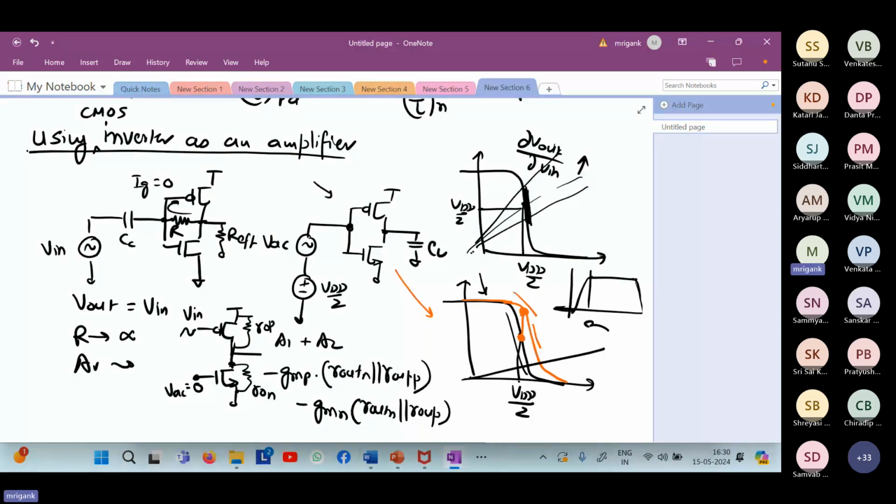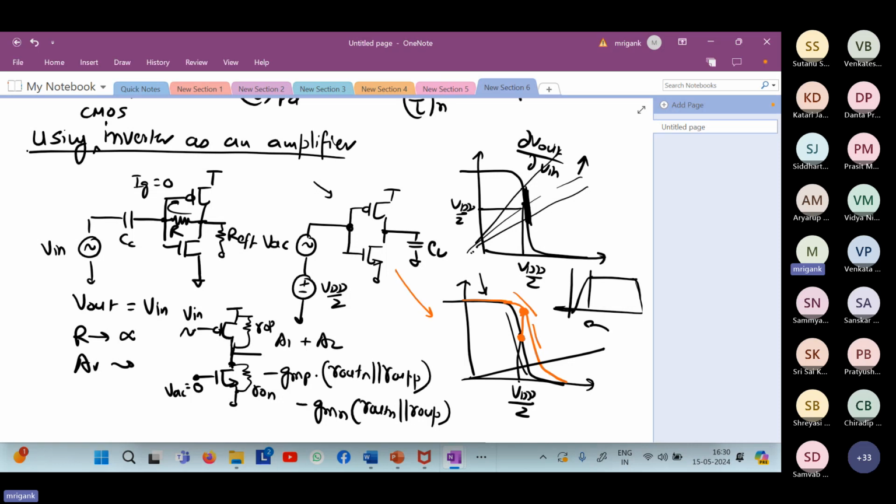I remember that the Miller effect will be applicable if you have large gain. If the gain is becoming smaller and smaller, that approximation will not be exactly valid. So in this case, at least from the gain point of view, we know that lower R will give you poorer gain.